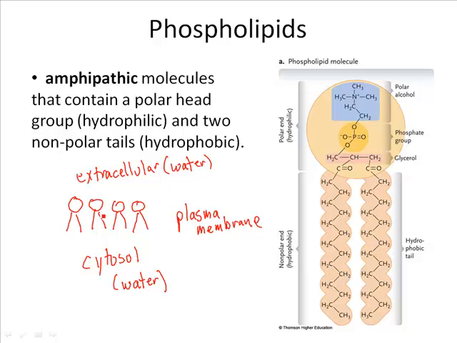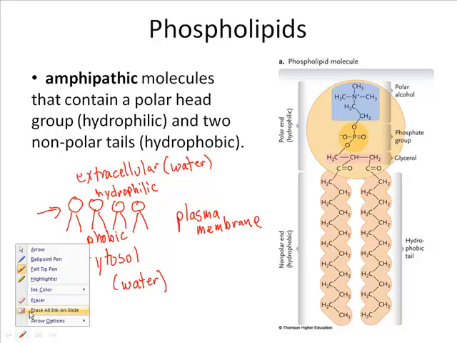Now, if you look at this arrangement, certainly the polar head groups are happy because our polar head groups are hydrophilic in nature. But now if you look at these fatty acid tails, they are hydrophobic. Therefore, they're going to want to bury themselves away from the cytosol. So we can't organize a membrane as a linear chain of phospholipids.